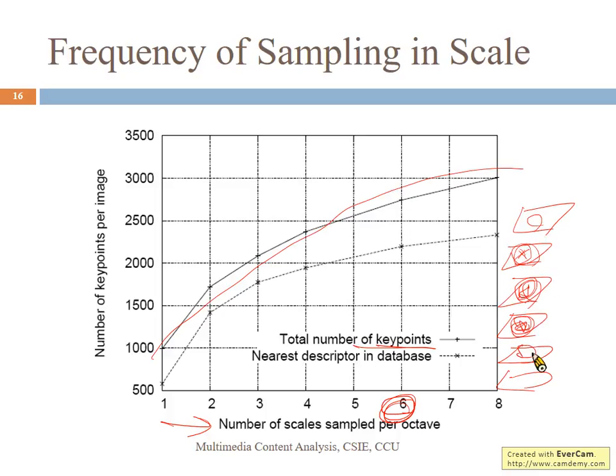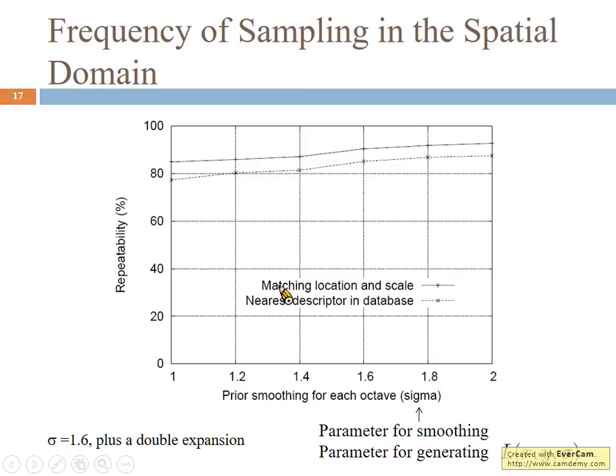So when we increase the number of scales of blurring, we will detect more key points, and we will also match more key points. However, not all of them are stable key points. We need to find a trade-off between efficiency and completeness. Therefore, in this paper, they use 3 scales.